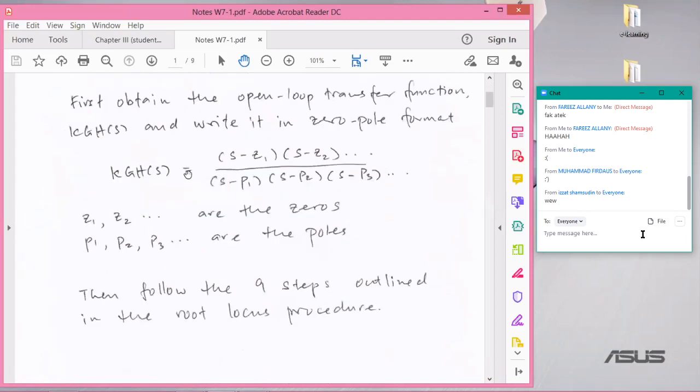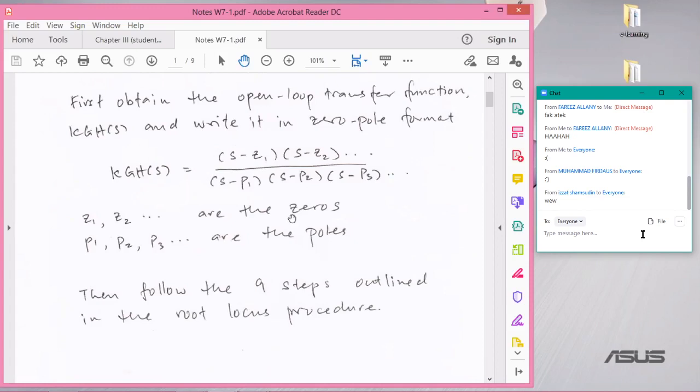All right, so there's another terminology that we need to clarify here. The open loop transfer function KGH can be written in the form of factors. The numerator can be factored out and the denominator can be factored out. So this is known as the zero-pole format. When you write the open loop transfer function in this format, what are the zeros? What are the poles?